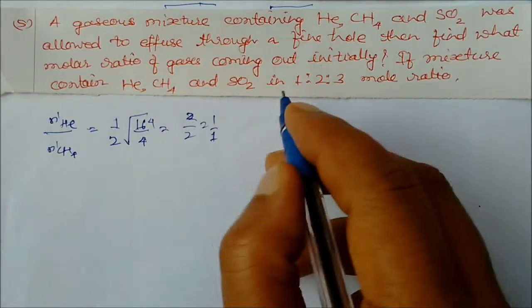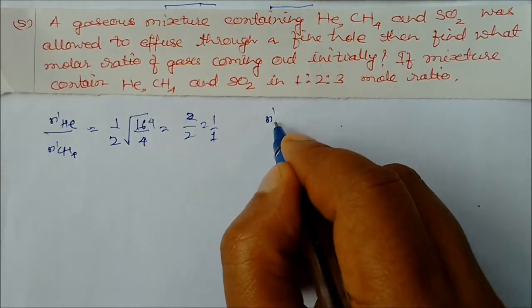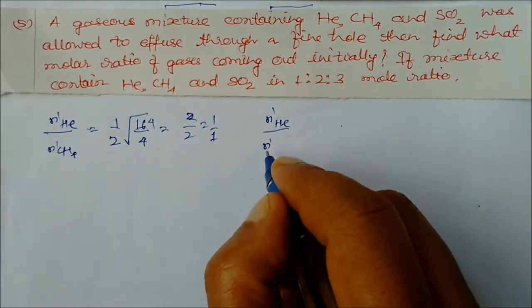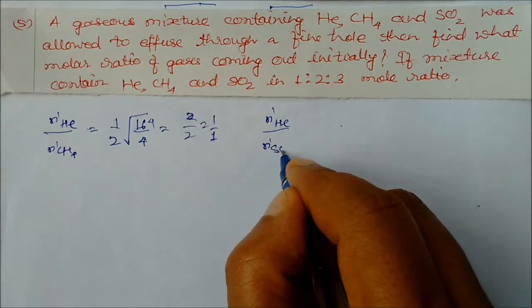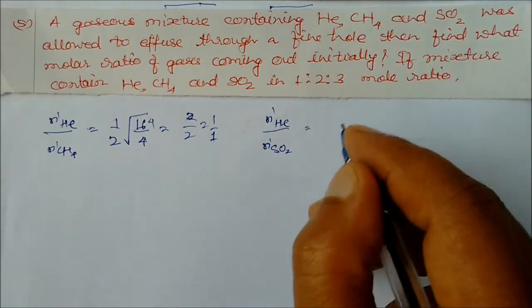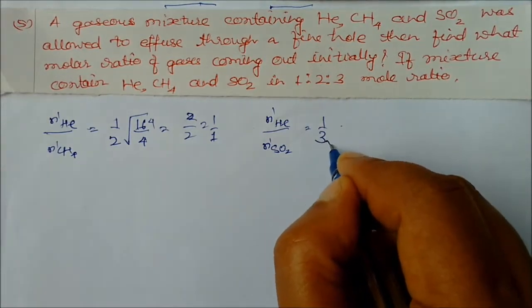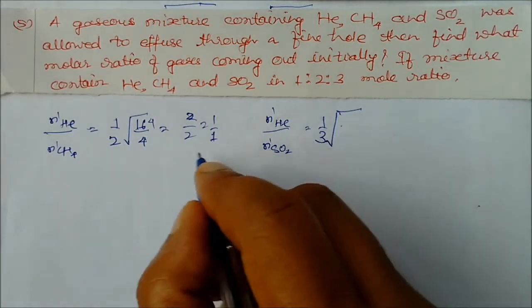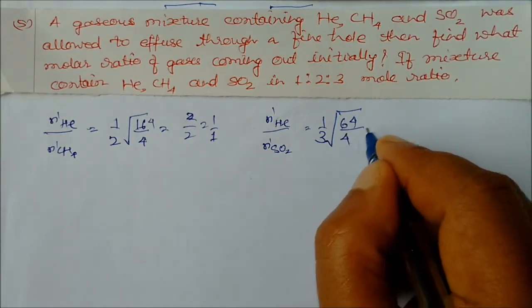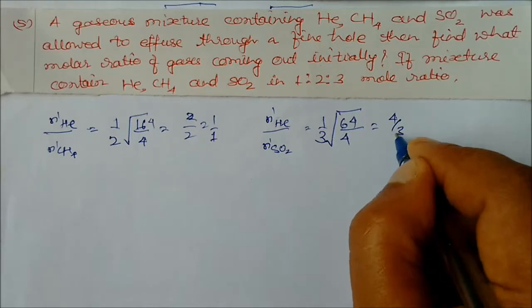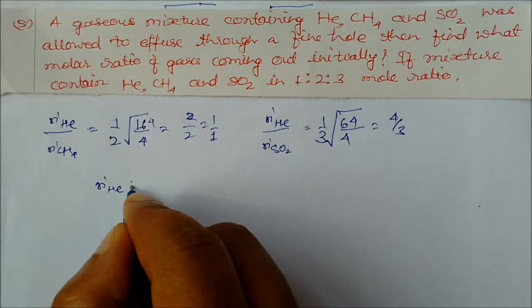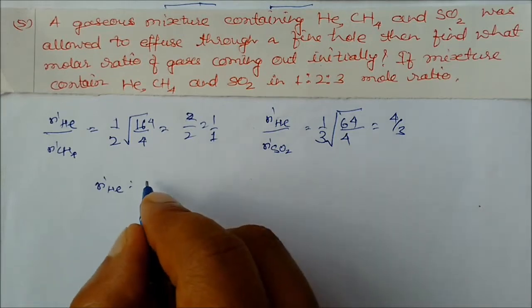Similarly we find helium and sulfur dioxide: moles of helium divided by moles of sulfur dioxide. Their ratio is 1:3, so 1/3, and here the square root of 64 by 4. If you solve it, you will get 4/3.